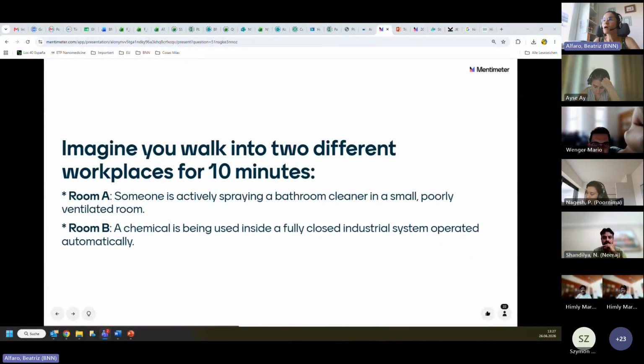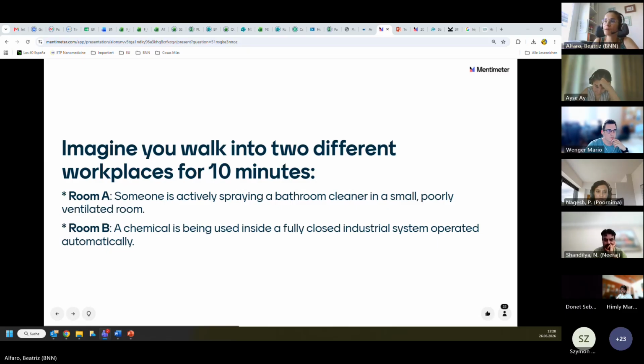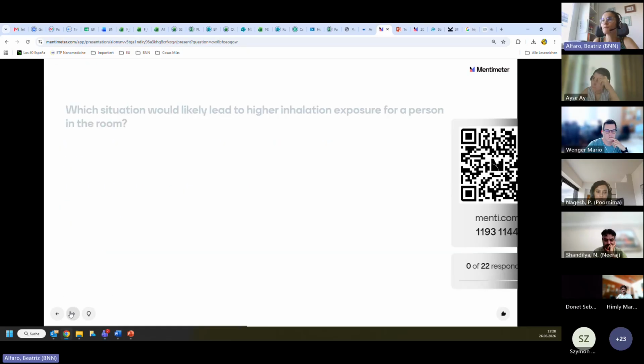Here we go with our Menti question. Imagine you walk into two different workplaces for 10 minutes. In room A, someone is actively spraying a bathroom cleaner in a small, poorly ventilated room, and in room B, a chemical is being used inside a fully closed industrial system operated automatically. Sorry, my mouse doesn't work.